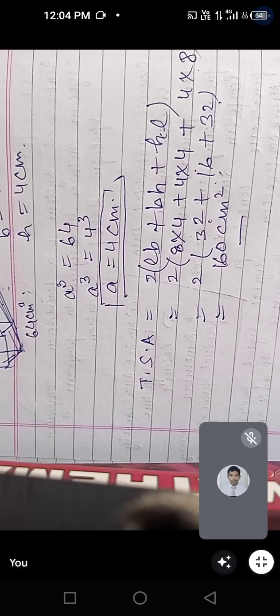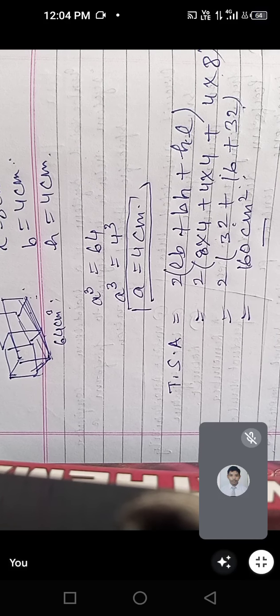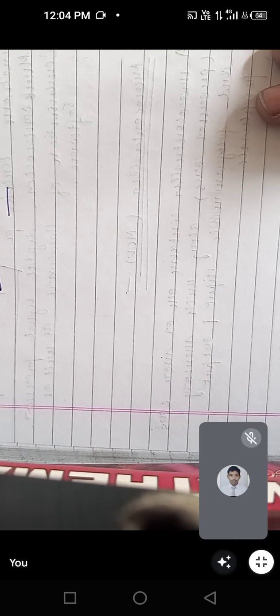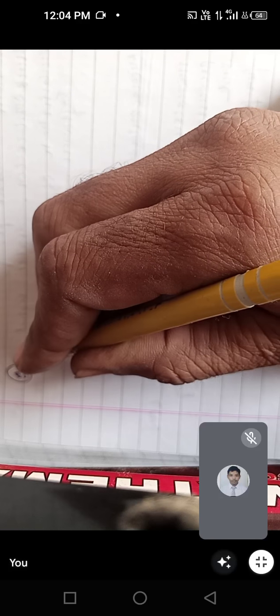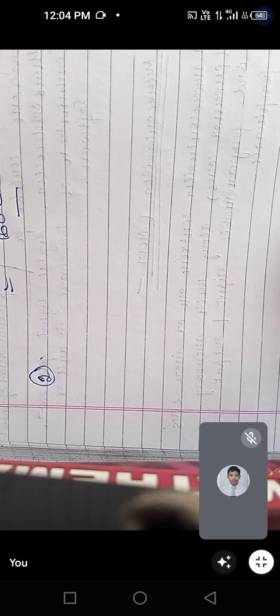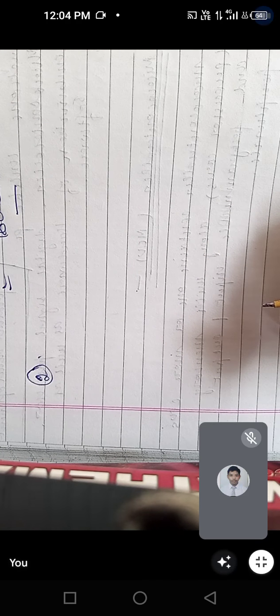Now write down the question. Question number 2 says that a vessel is in the form of a hollow hemisphere mounted by a hollow cylinder.